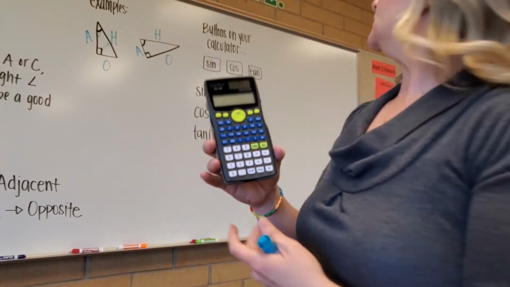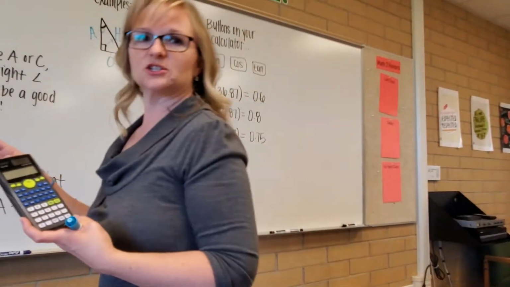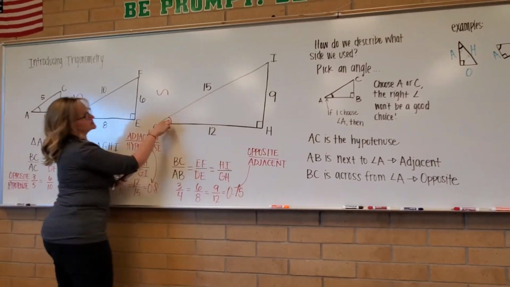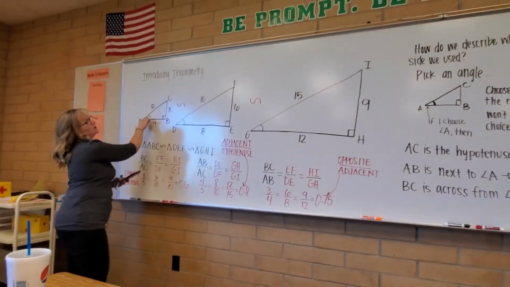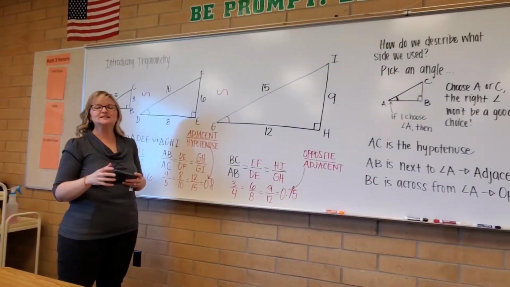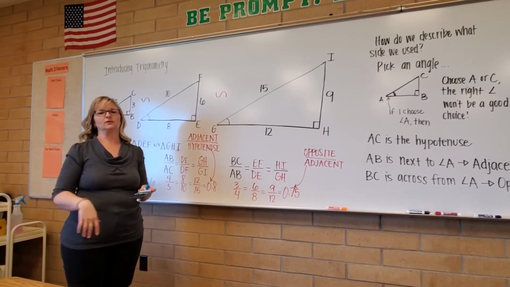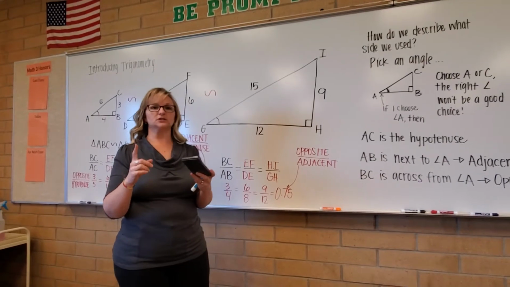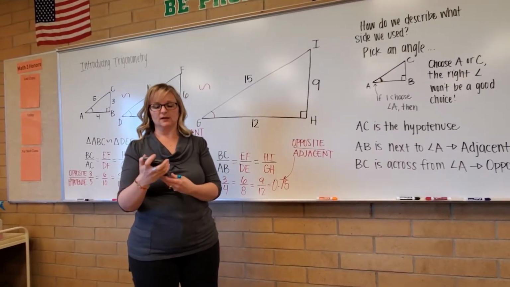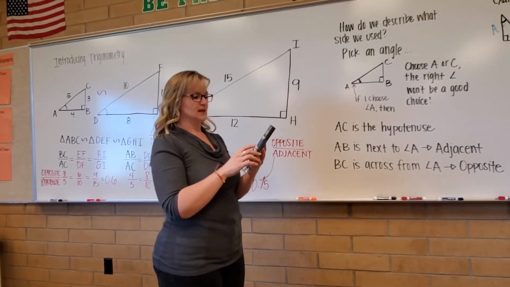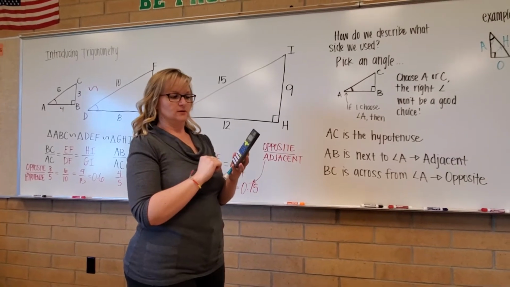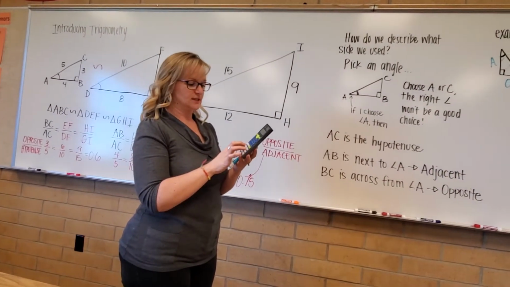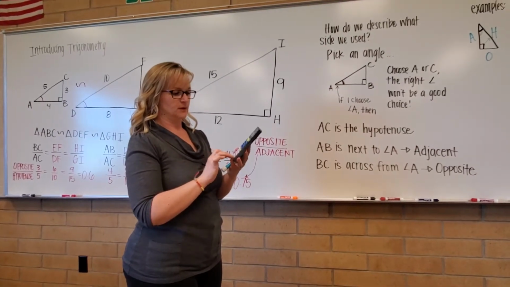Now, I know that in these triangles that I drew over here, these angles are all about 36.87 degrees. It doesn't really matter how I know that, but I know that, and I want you to try something. If you've got your calculator, push the button that says sine, looks like sin, and then type in 36.87.